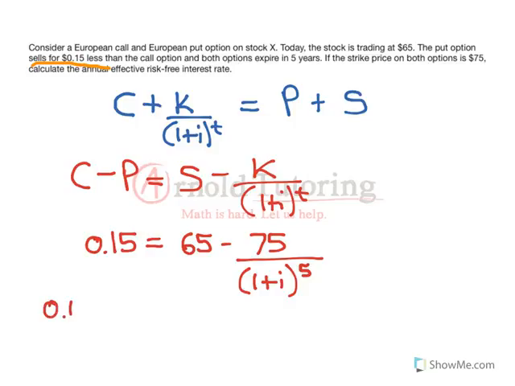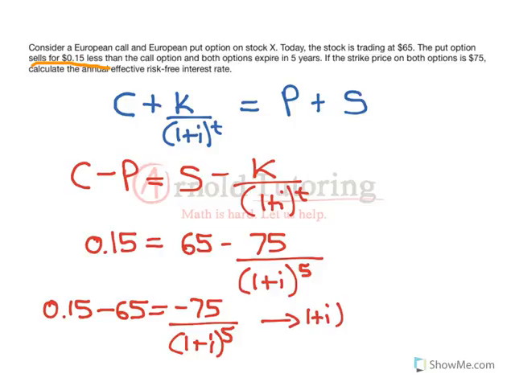Let's see how that algebra works. 0.15 equals 65 minus 75 over 1 plus i to the 5. Now if we cross multiply, we're going to get 1 plus i to the 5 equals negative 75 divided by 0.15 minus 65.